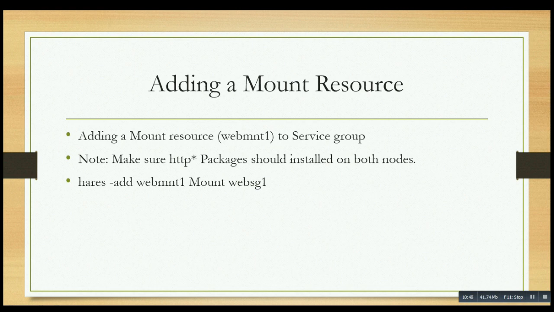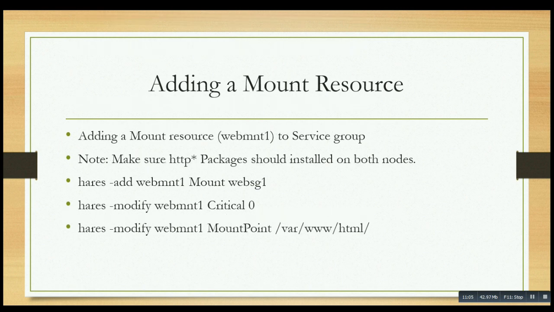Then I modify this and critical 0, and then I provide the mount point path like var www html. It's a little familiar and the same as Red Hat cluster, guys. When you used to do the Red Hat cluster with Luci, we had to do everything graphically. Here we are doing it on the command line. That's the only difference. Once you have a mount point, then you provide the block size. Okay, this is my block size.